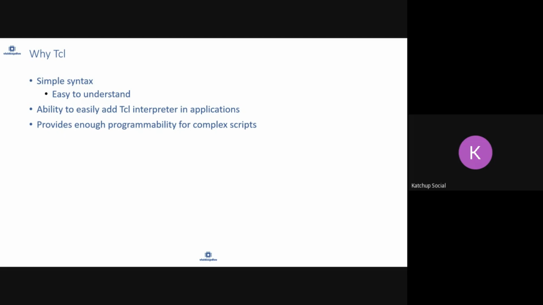These days Python is also becoming very popular, but there are some distinct advantages of Tcl, which is why, at least in a lot of backend tools, it's still the primary language used. But a lot of verification tools are now also supporting Python.